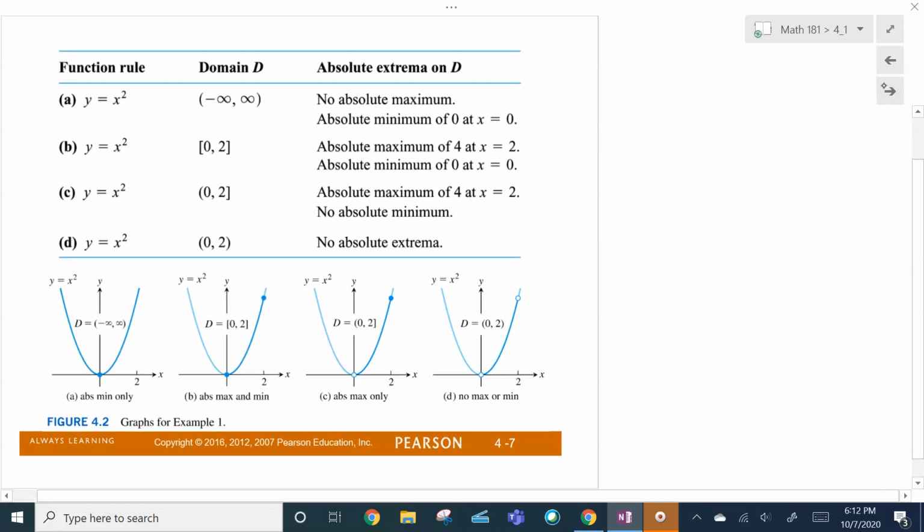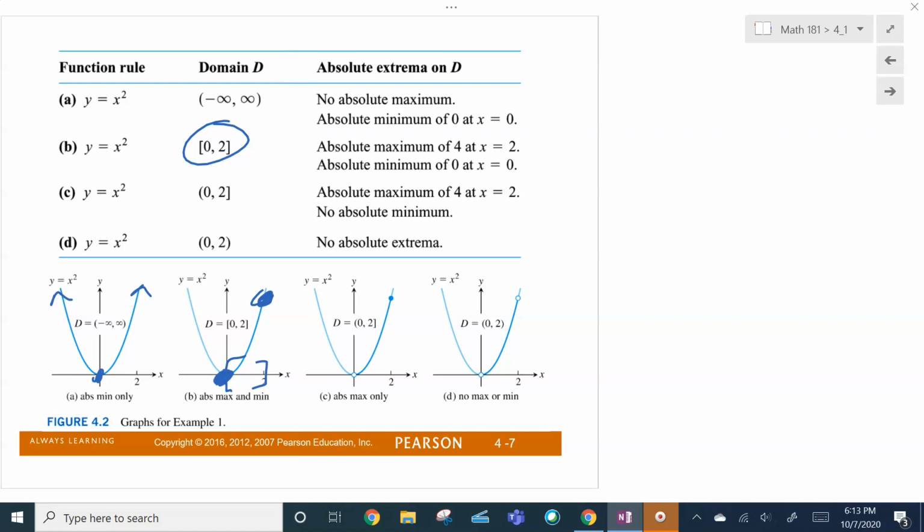All right, let's look at this one here. y equals x squared. Let's look at the entire domain. For the entire domain, this keeps going, so there's no highest point. We do have an absolute minimum, the lowest point on the graph. Now, if we're looking from 0, including 0, to 2, including 2, then we have an absolute minimum and an absolute maximum up there.